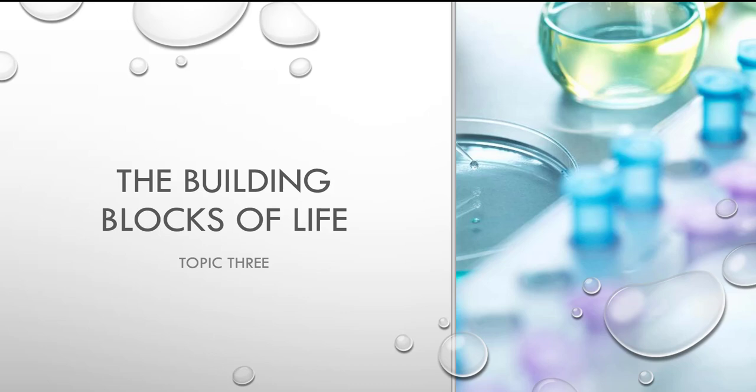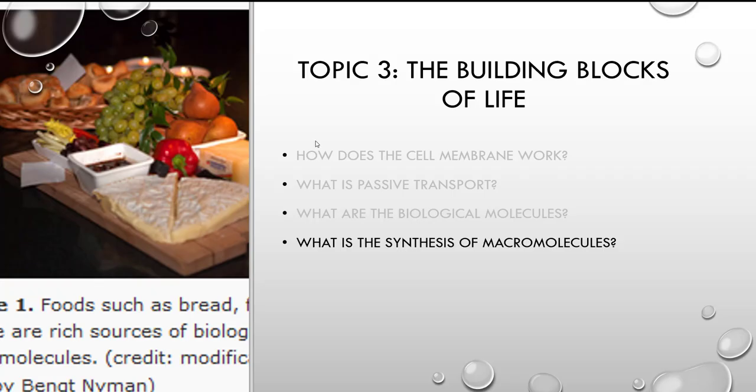Welcome back, everyone. So we're going to finish off topic 3, the building blocks of life. Now that we understand the different types of macromolecules, we're going to learn about how they are synthesized.